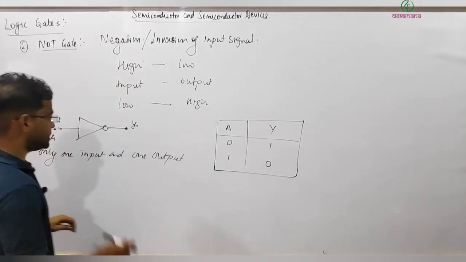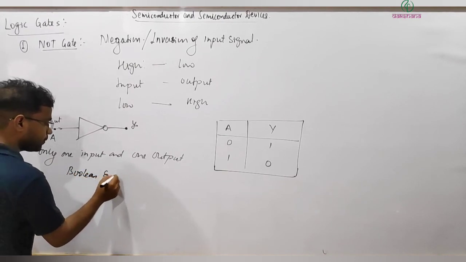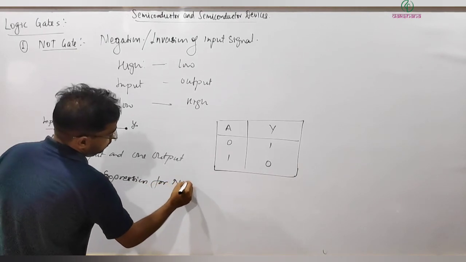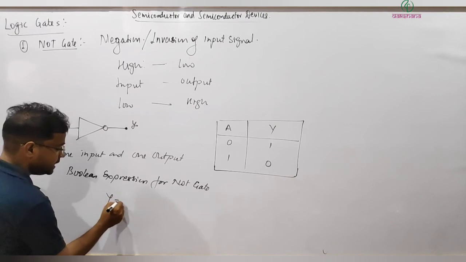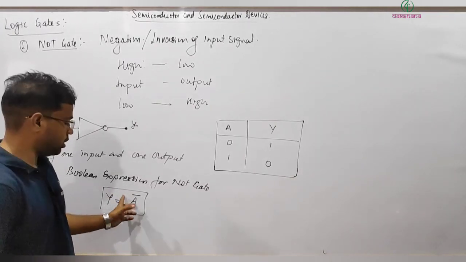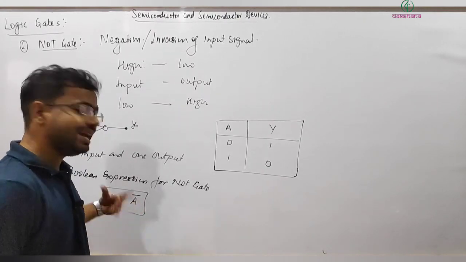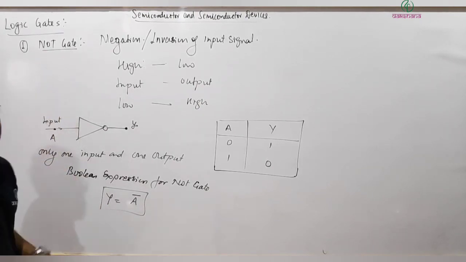The Boolean expression for the NOT gate is Y equals A bar. Here A bar means inversion, or complement, of A.